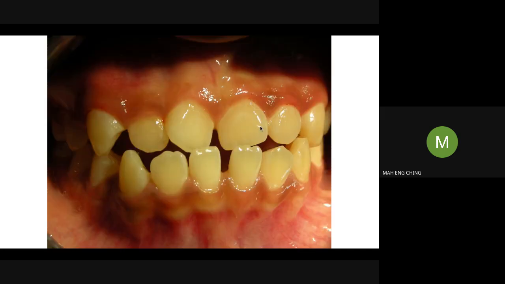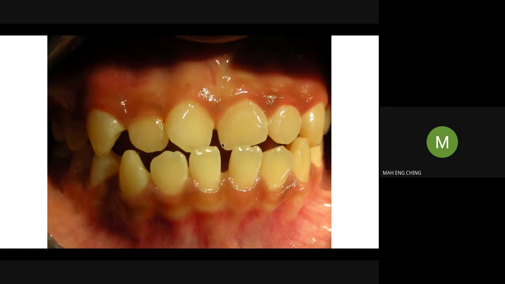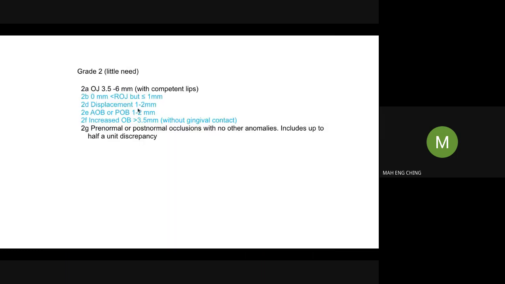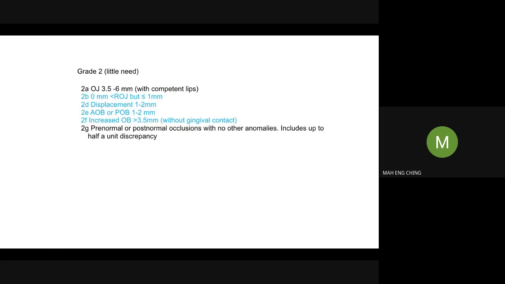So this is the reverse overjet. You see just a tiny bit of reverse overjet, which is less than 1 millimeter. Less than 1 millimeter, then consider 2B. So let's say this one is slightly more than 3.5 millimeters, but they are not having gingival contact, then consider 2F.